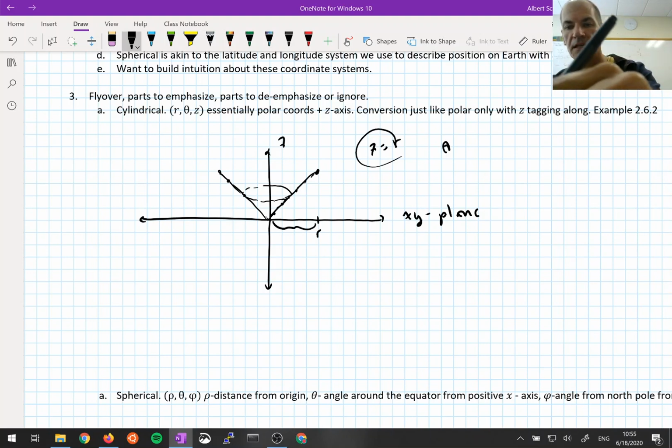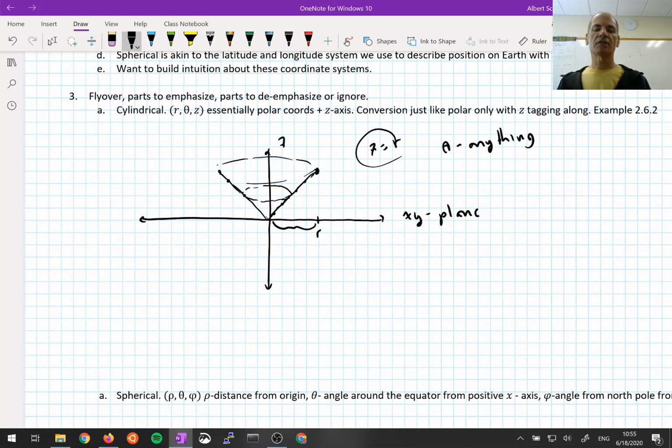No theta means theta can be anything. So what does the collection of points, a distance r and a height r above the xy plane, look like? Well, here's one of them, but theta doesn't matter, so here's all of them.